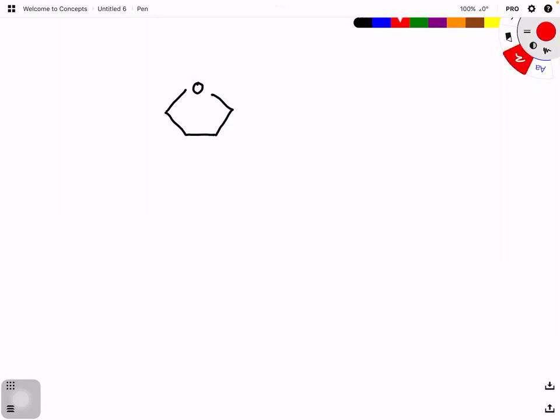If you look at this, carbon number 1 is attached to the nitrogenous base. I put a B as a base. So this is the deoxyribose, the pentose sugar.